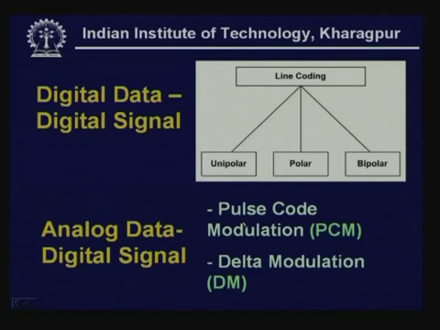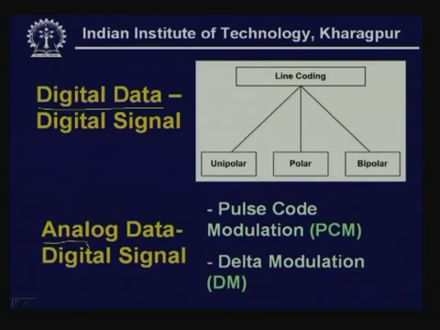And obviously, in this case, as I told, we shall be using digital signals, and digital signals are generated by using suitable encoding techniques. We have already discussed that. If the data was digital, digital signals are generated by using 3 different types of coding: unipolar, polar or bipolar.